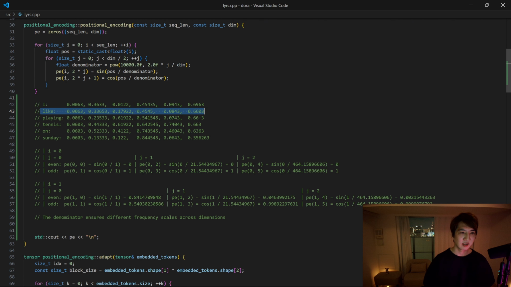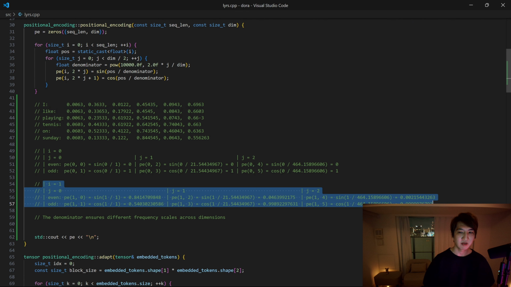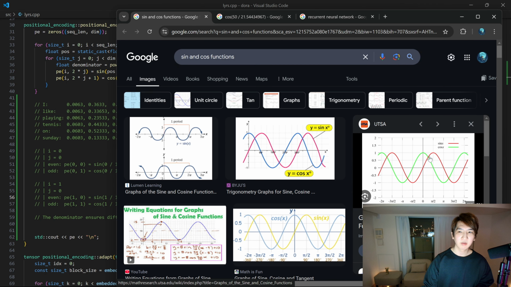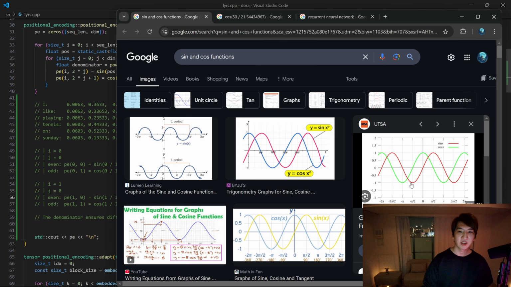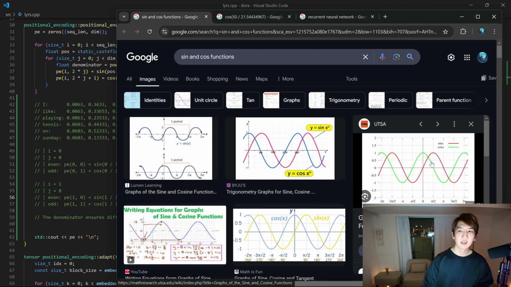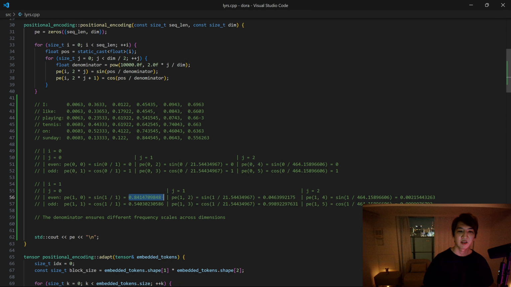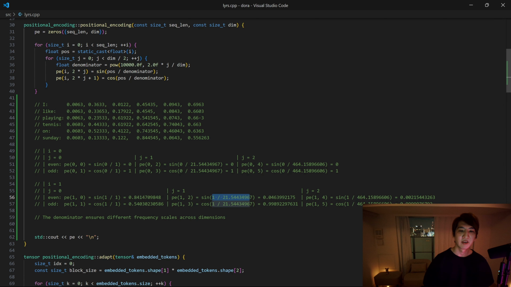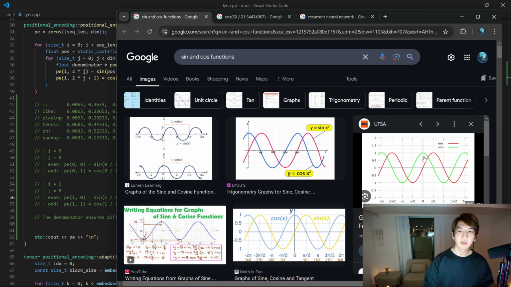And next, the word "like" corresponds to this one. The sine of 1 would be around here, 0.84. And cosine of 1 would be around here, 0.54. And we just keep doing that, and this will be 0.04. So sine of 0.04 will be around here, and cosine of 0.04 will be around here.